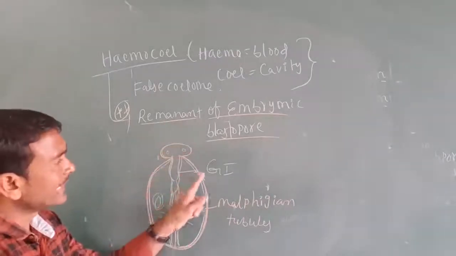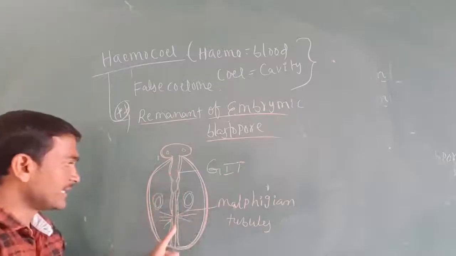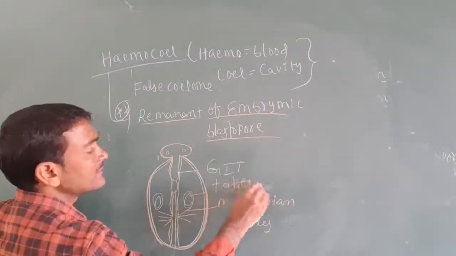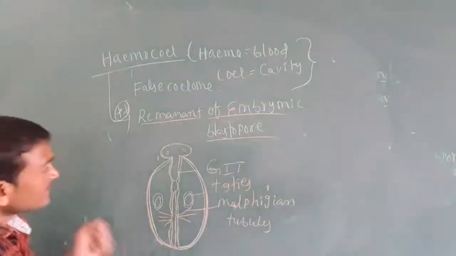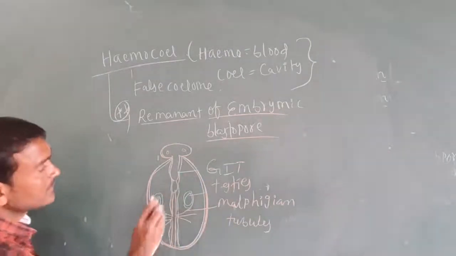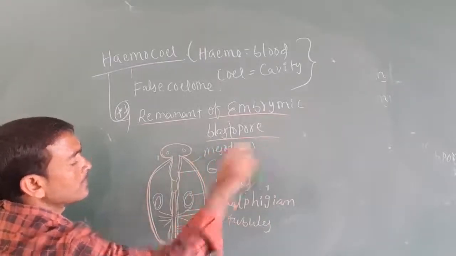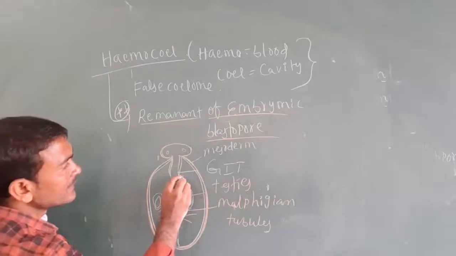This is a cockroach. This is the GIT, gastrointestinal tract, this is a Malpighian tubule, and this is the testis, the genital organs. This is mesoderm, and this is also mesoderm.